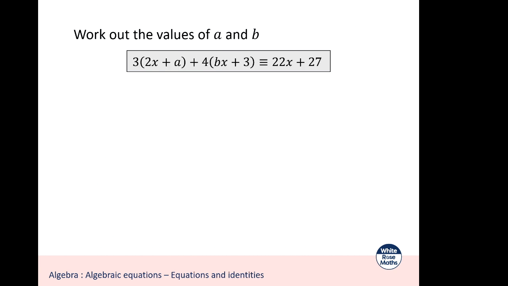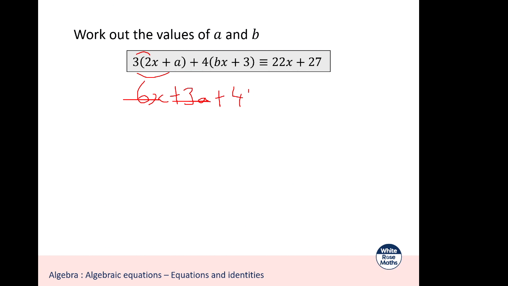Right, looking at some identities now. Work out the values of A and B. So step one, expand the brackets. 3 lots of 2x is going to be 6x, and 3 lots of a makes 3a. 4 lots of bx makes 4bx, and 4 lots of 3 makes 12.